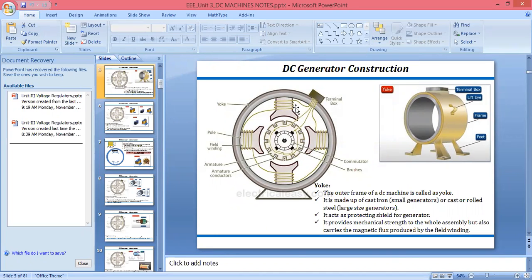The poles are only used to produce the magnetic flux. The field winding we are doing on the poles, and this winding we are doing in the series path, but they are in the parallel.